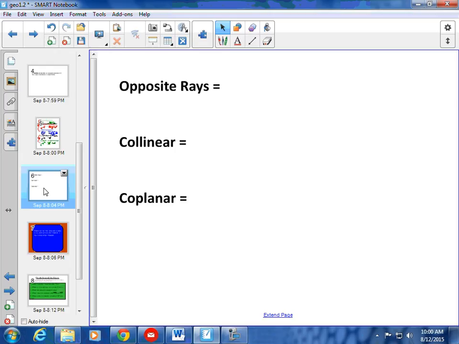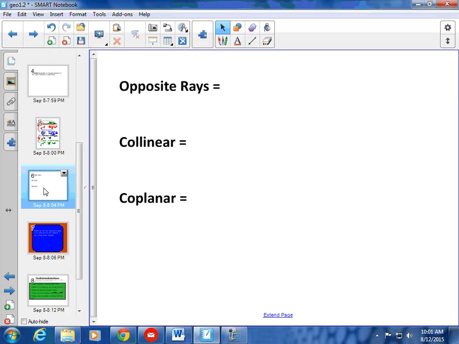Collinear and coplanar. Think of the root word co, like cooperative. You can probably think of some other terms that start with co. Some people think of just a co-op as in business. You'll learn more about co-ops as you go on in life and school. But the root word co means with or together.